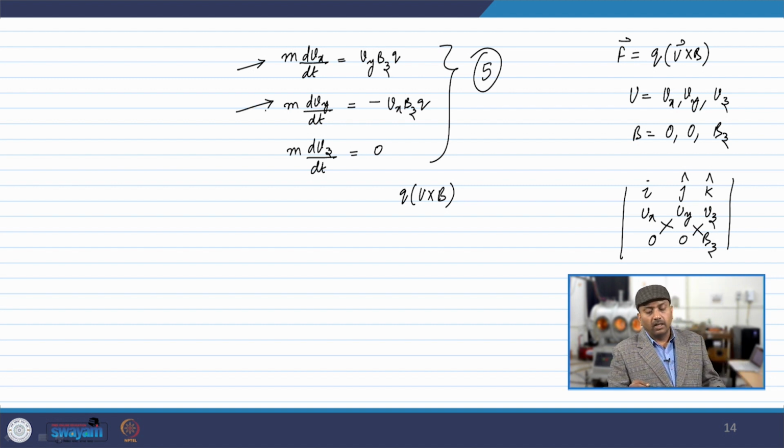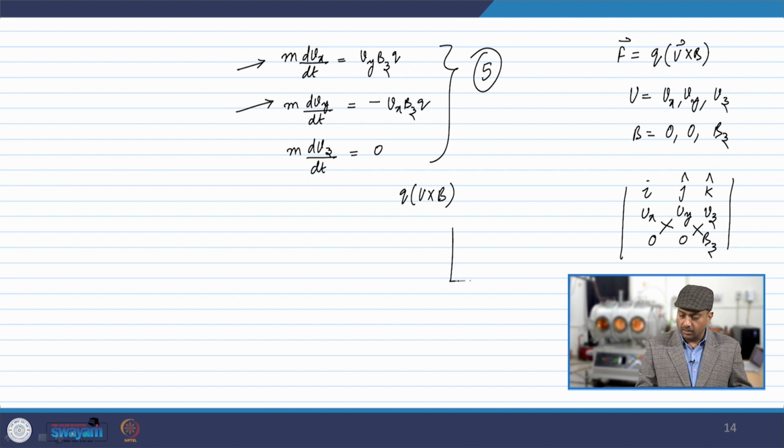In the case of a uniform static electric field, we realized things will happen only in the direction of the electric field. But what we have realized here is that along the direction of the magnetic field, the velocity will remain a constant, but it will not remain a constant along the other directions which are perpendicular to the Z direction.